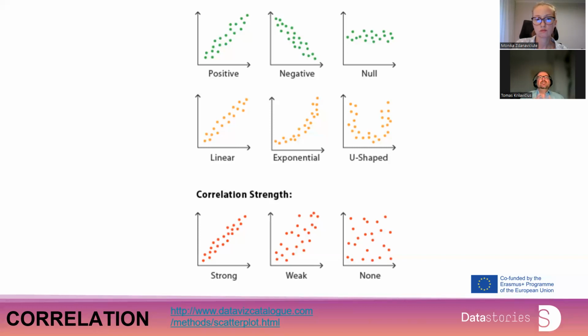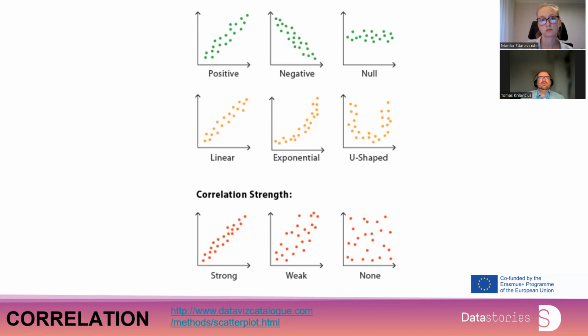Different distributions of the points show very different ways of correlation. For example, if we start from the top left visualization, we see a very clear, very strong positive correlation. Basically, both of the features are growing, while in the middle green visualization you see a strong negative correlation, because while one variable goes up, another goes down.